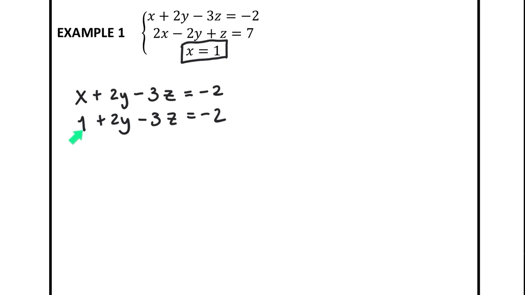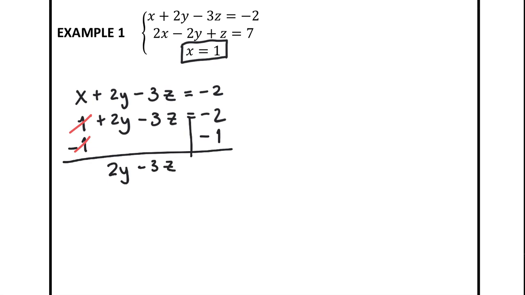Okay, and then the next thing I want to do is put the numbers together. So I can subtract 1 on both sides, and then these cancel. I'm left with 2y minus 3z equals negative 3.